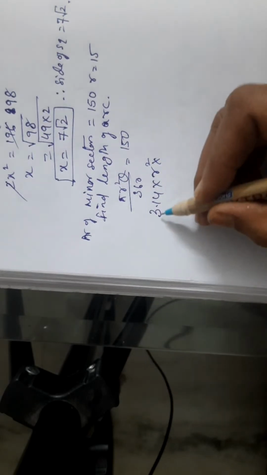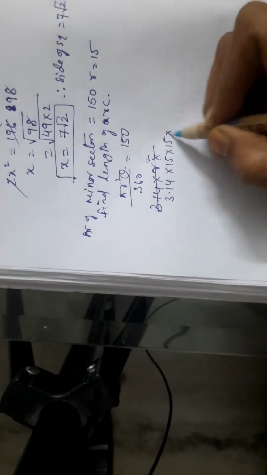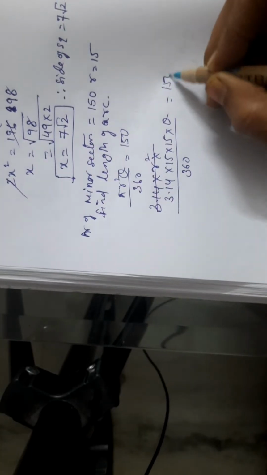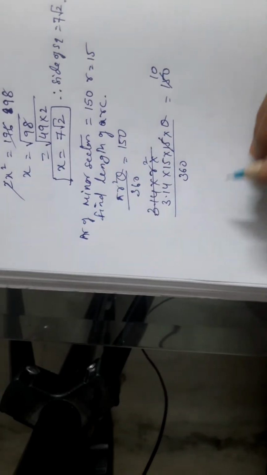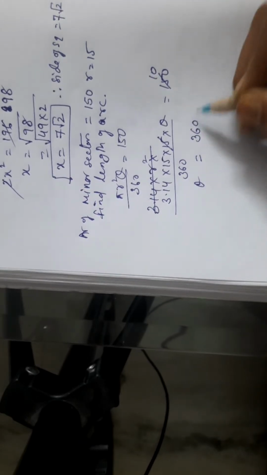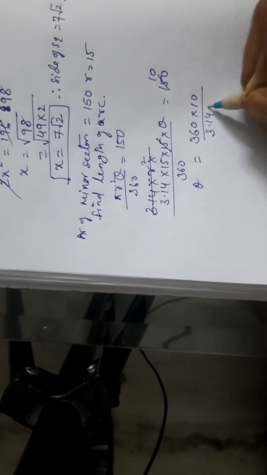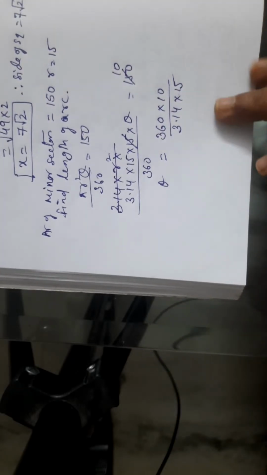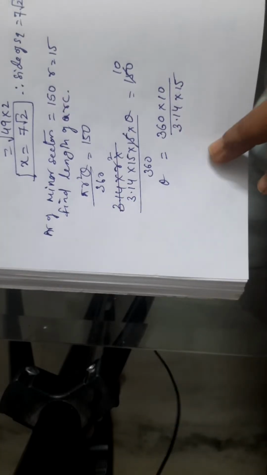R is given as 15. So 3.14 times radius 15 squared, theta not given, whole divided by 360 is 150. So we'll cancel out. Thus the value of theta is 360 multiplied by 10, cross multiplication, whole divided by 3.14 into 15. For this kind of question, don't complete the calculation, as they will all get cancelled. We need to find the length of the arc.